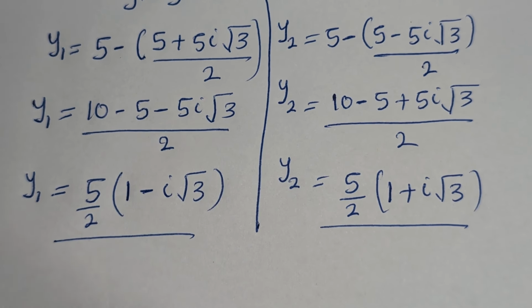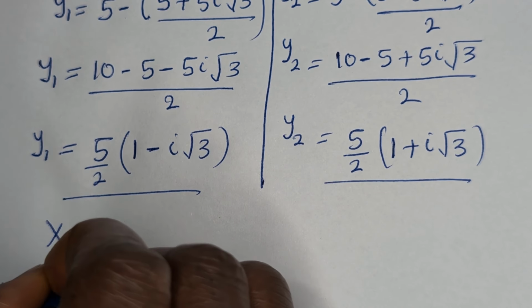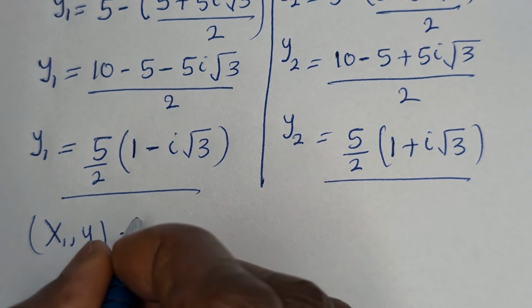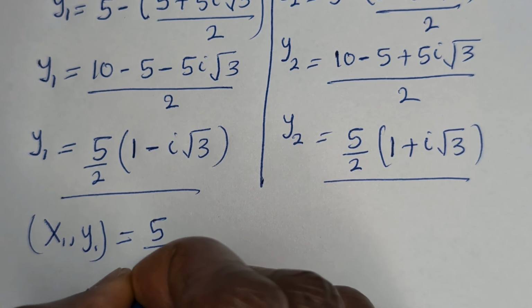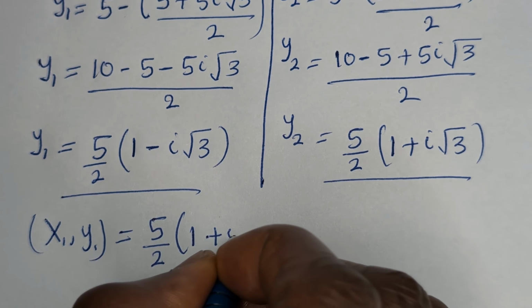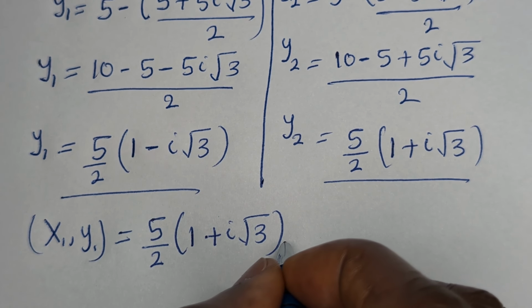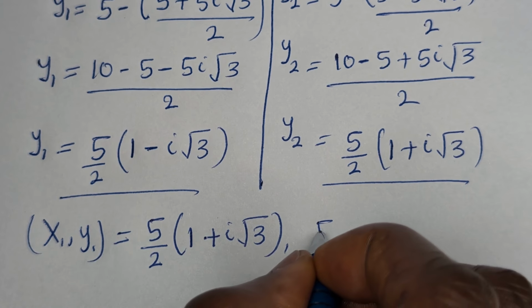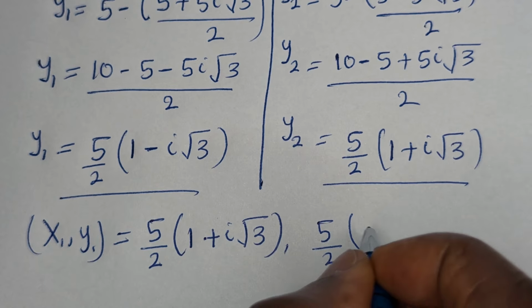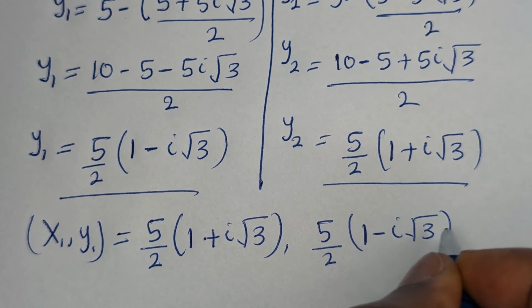Therefore, our final answers are x1, y1 is equal to 5 over 2 bracket 1 plus i root 3, comma 5 over 2 bracket 1 minus i root 3.